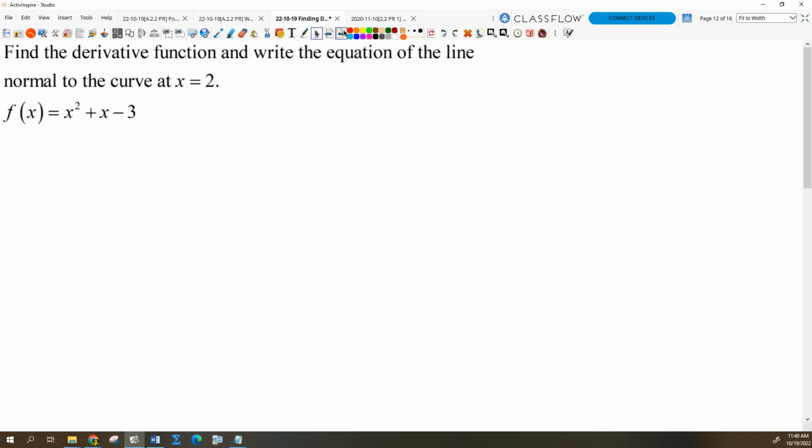Okay, so let's try a problem. Let's shift back to calculus mode a little bit. We've got this function down here, f of x. We want to find the line normal to the curve at x equals 2. Okay, what's a normal line? Do you remember from Algebra 2? Probably not.